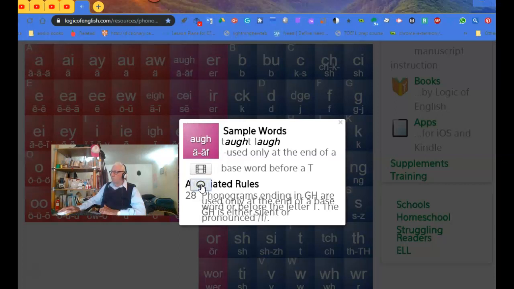Ah, af, used only at the end of a base word or before a T. You can see that here, taught is one of the words, right? So it has an ah sound, and it's before T. So anytime that you have that sound, ah, taught, before T. And here you have a word we know, ha ha ha, laugh.